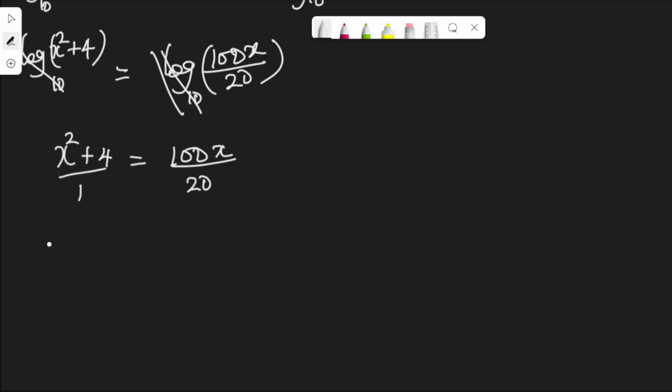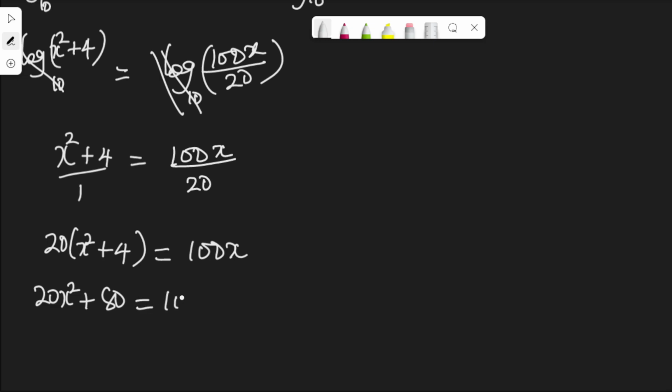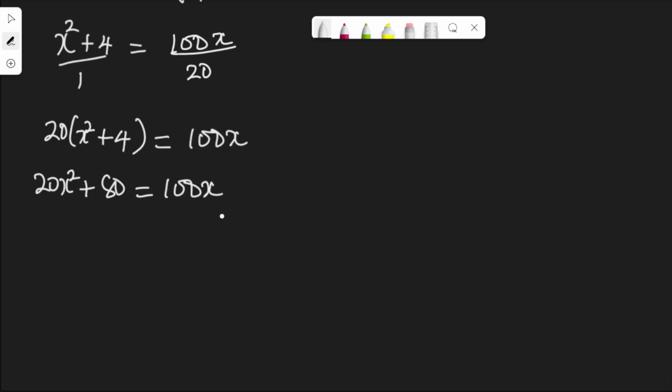And then 20 times (x squared plus 4) equal to 100x. Let me distribute this. That will be 20x squared plus 80 equal to 100x. Let's form a quadratic equation from this by moving 100x to this side. I have 20x squared minus 100x plus 80 equal to 0.